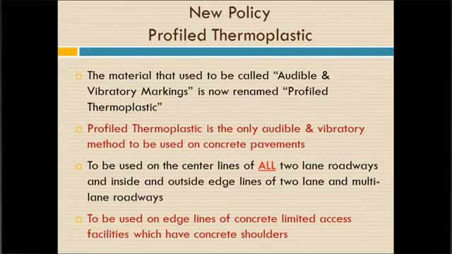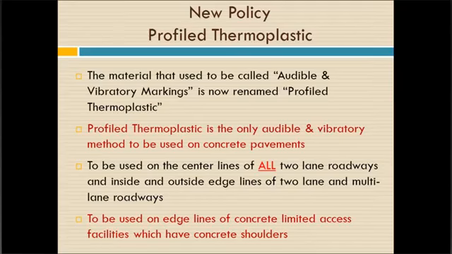I mentioned one of the new changes was profile thermoplastic. The old material that we used for all audible vibratory markings was a profile thermoplastic. When we started talking about rumble striping, it was creating a new method of audible vibratory.